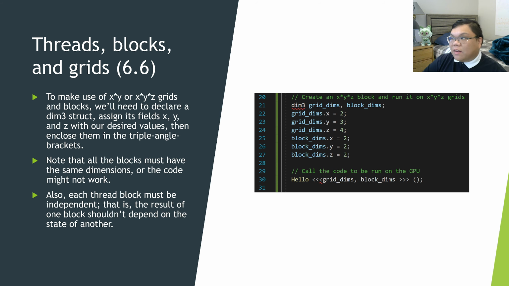We're not even calling multiple blocks. We're calling multiple blocks, but they are arranged in a three-dimensional fashion. So this means when we pass in the grid dims here, and we have defined it up here, it means we are creating a grid that has 2 times 3 times 4 blocks. And each block is 2 by 2 by 2 threads.